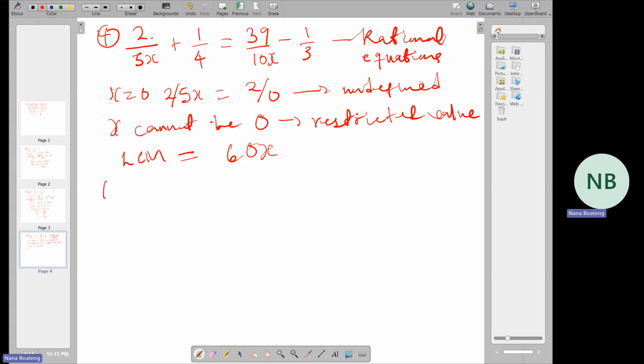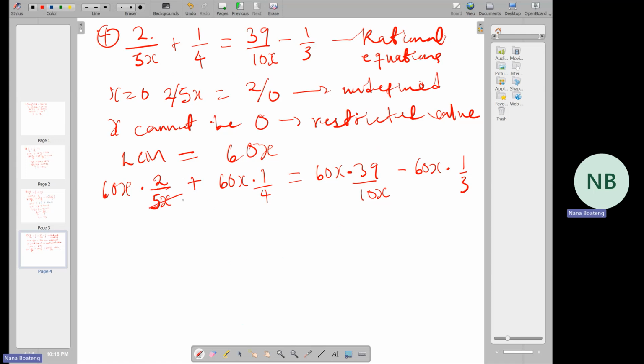So 60x times 2 divided by 5x, plus 60x times 1 divided by 4, is equal to 60x times 39 divided by 10x, minus 60x times 1 divided by 3.